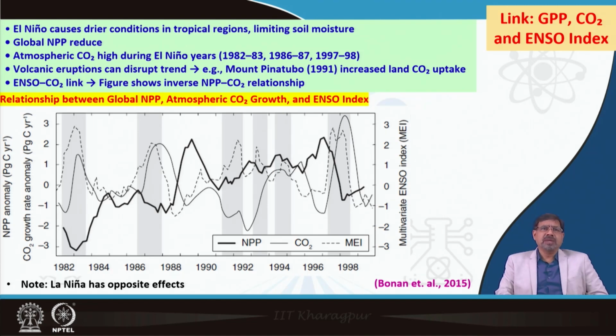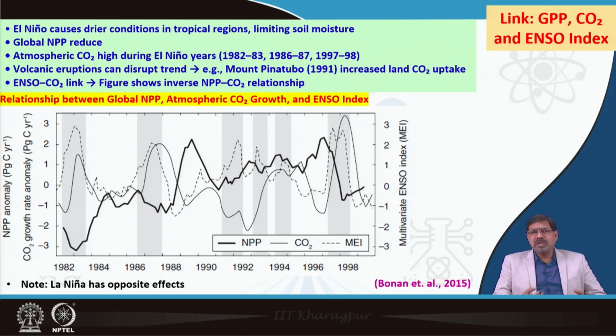So, first point, El Nino causes drier conditions in tropical regions, limiting the soil moisture. Over Australia and the southern Asian region, we find this kind of condition, and this leads to a decrease in the soil moisture.